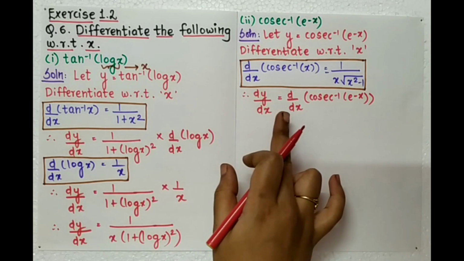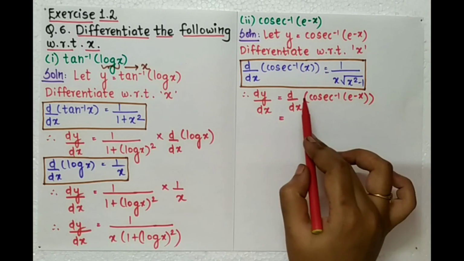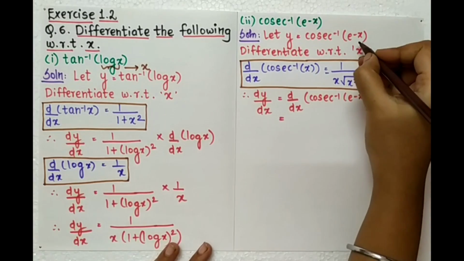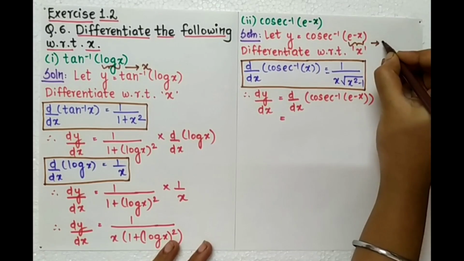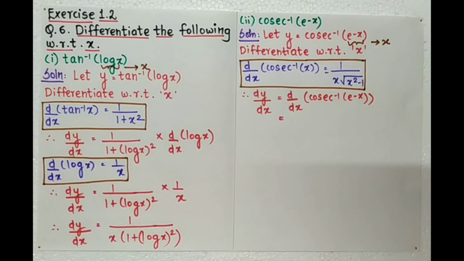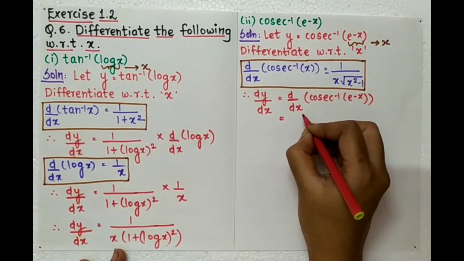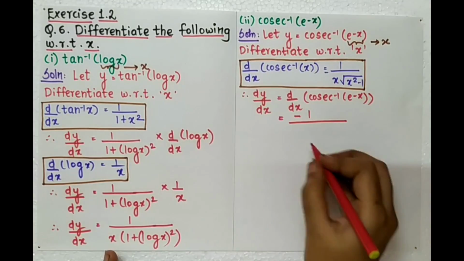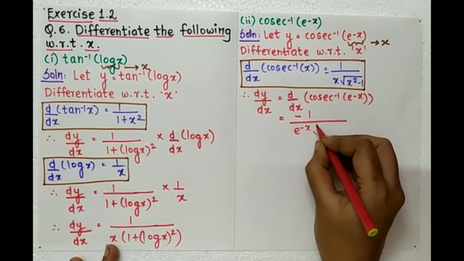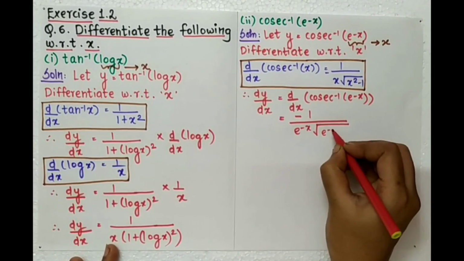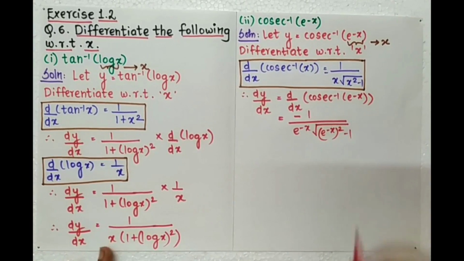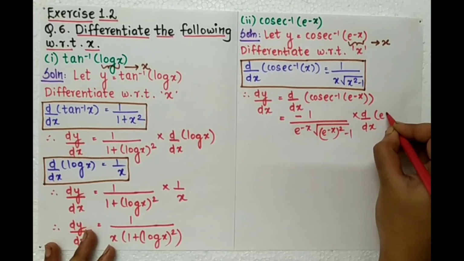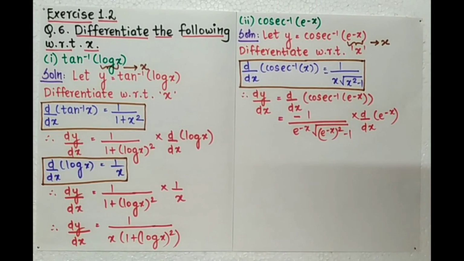So therefore dy by dx is equal to d by dx of cosec inverse e power minus x. Here you can see that in place of x we have e power minus x. So this becomes minus 1 upon, in place of x we write e power minus x under root e power minus x the whole square minus 1 multiplied by d by dx of e power minus x.